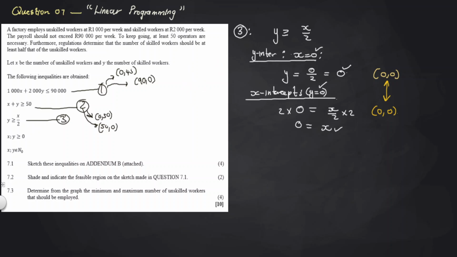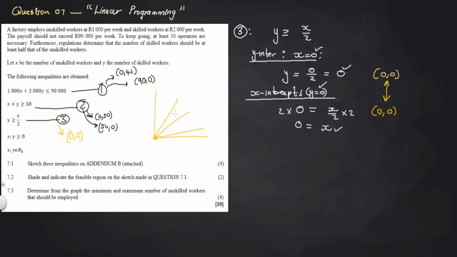Now, for all three constraints, there's only one coordinate: 0 and 0. But here's the catch. How do you know whether your line is going to go like this or like that?